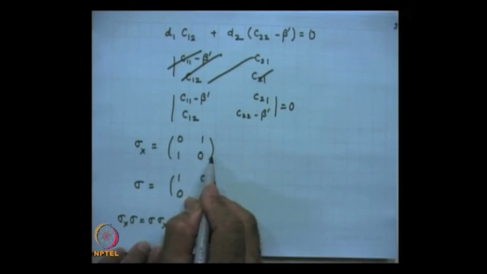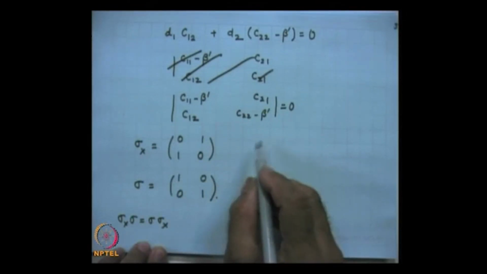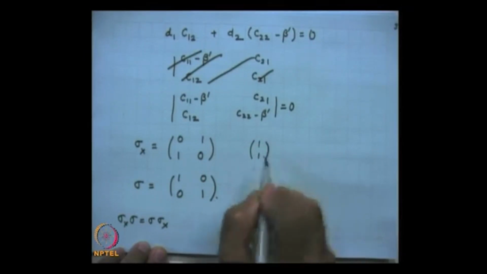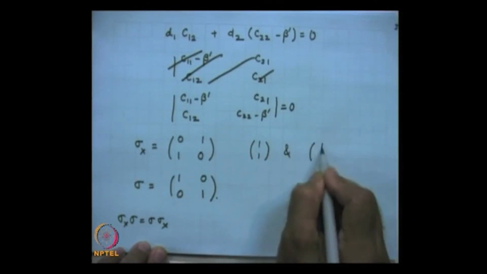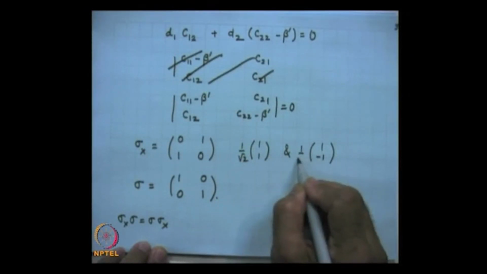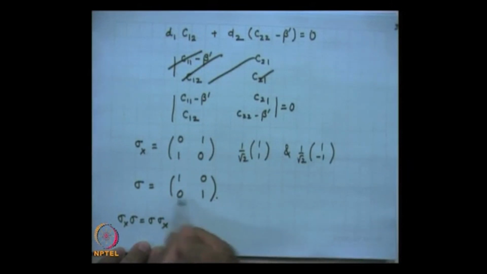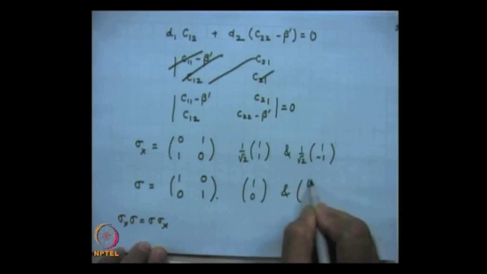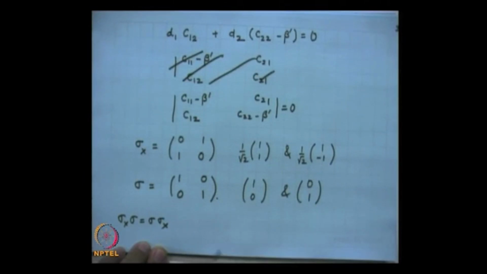The eigenkets of sigma x, as we had discussed in my last lecture, are 1 1 and 1 minus 1. You can put a root 2 so that they are normalized. On the other hand, 1 0 and 0 1 are eigenkets of sigma, but not eigenkets of sigma x.